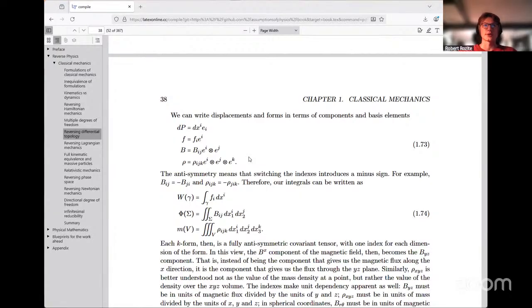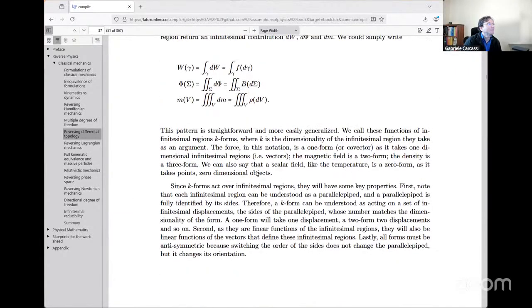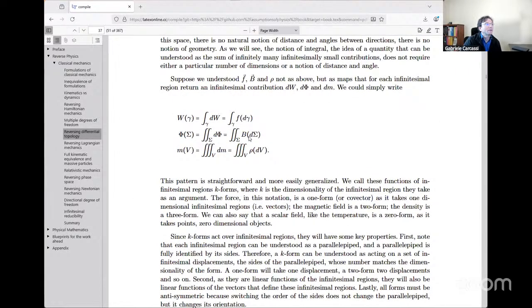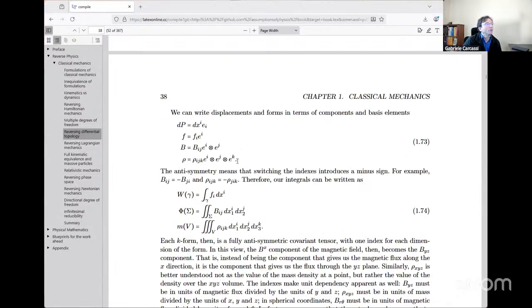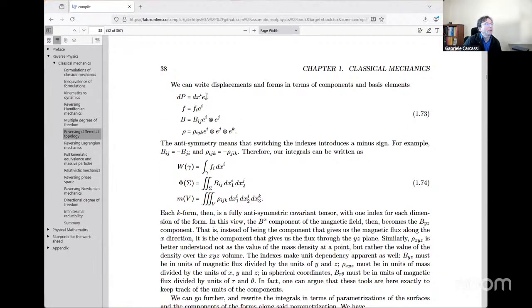Therefore, our integrals can be written as this. This is just like substituting 1.73. Yeah, you're just using this definition above here, right? And now you substitute it here, and then what you have is that whenever you have a dp, it gets contracted by this A^i.